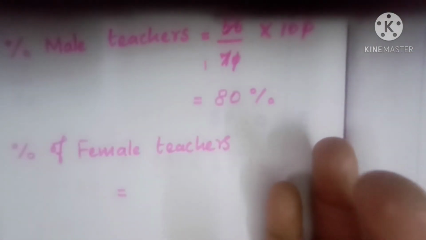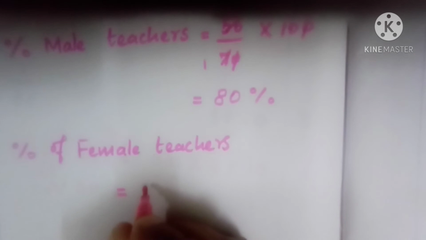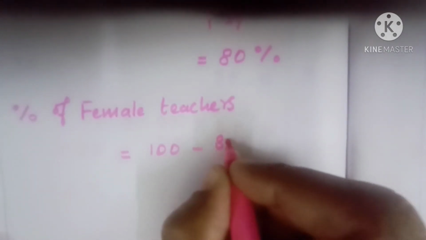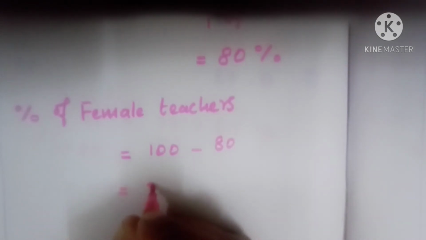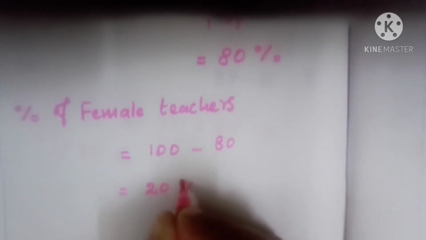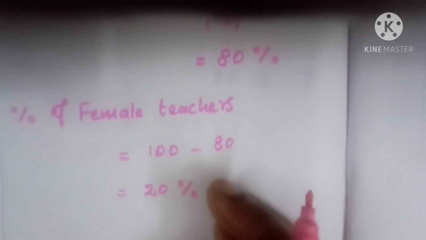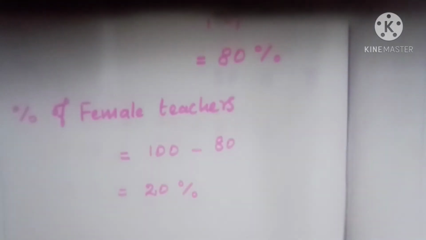And what about the female teachers? So 100 minus 80, we get 20 percentage. So 80 percentage male teachers means 20 percentage of them are female teachers.